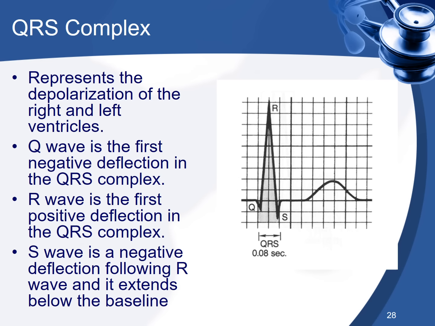The length of time for your QRS complex is usually 0.06 to 0.10, averaging 0.08. And that's normal. However, you could also have delays in conduction, so your QRS may look wider. Usually you don't see it any smaller than 0.06.